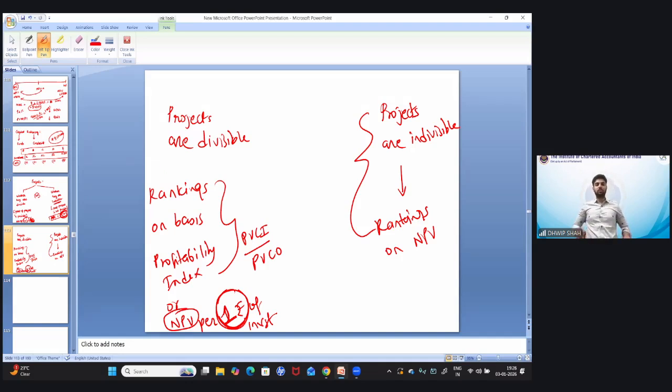First of all, you understood what is the capital rationing situation. So again, the conclusion of this concept: capital rationing is a situation of fund constraints.